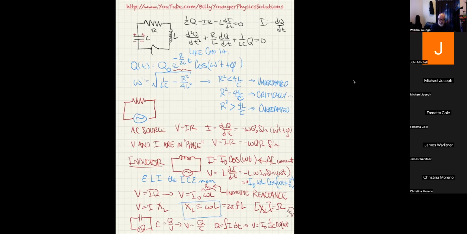In other words, when you do all the work, you're going to get that this one's behind it, and that's where the ICEman comes in, whereas this one is where the ELI comes in. And in fact, you see that this right here is going to be XC, a capacitive reactance.